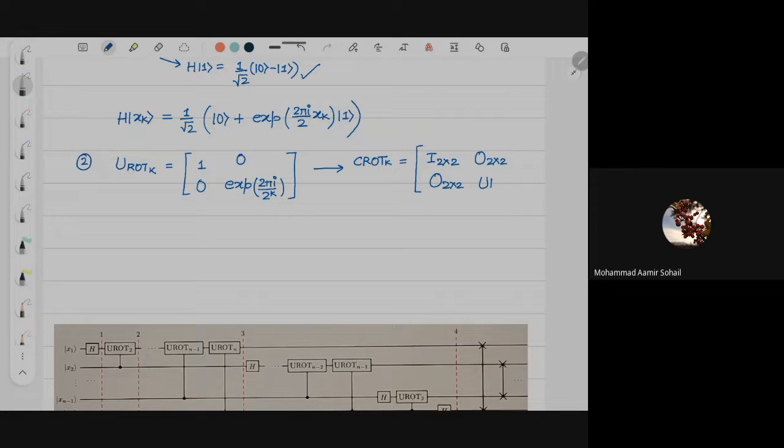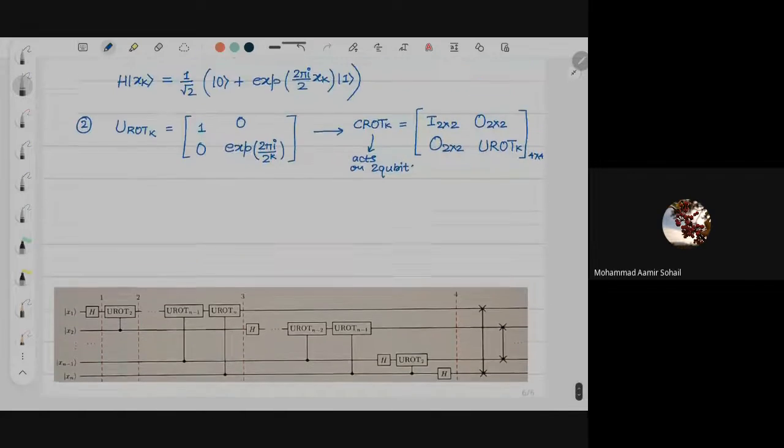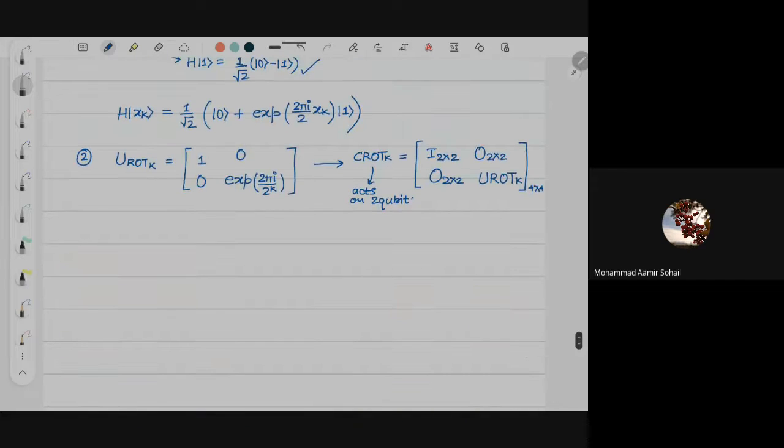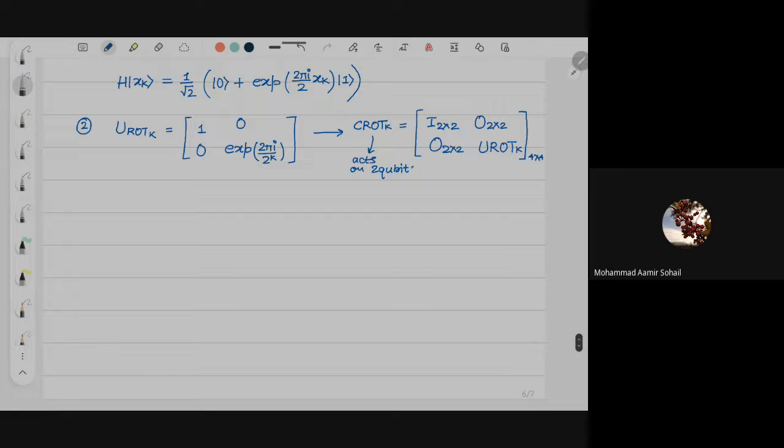And then we have this U rotation, which is also a 2 cross 2 operator. So this one is now 4 cross 4 actually. So this one acts on 2 qubits. So Hadamard and U rotation act on 1 qubit, but this controlled rotation works on 2 qubits. So we have this one now.